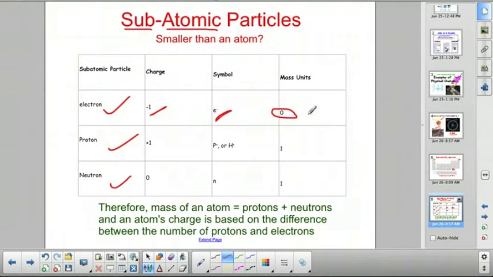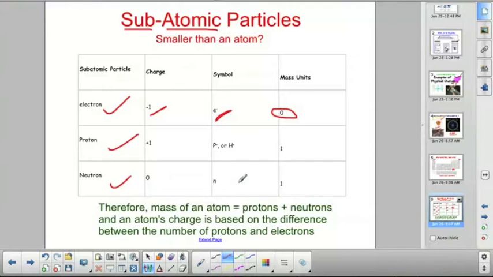That is to say, the mass is so small compared to the protons and the neutrons that we might as well call it 0. It actually does have a mass, but it's so small compared to the other things that it doesn't matter. Right? So it would be like comparing the mass of a blue whale, the biggest animal on planet Earth right now, to a flea.